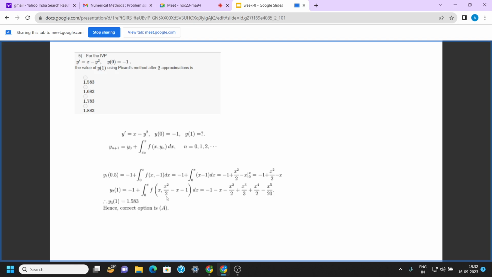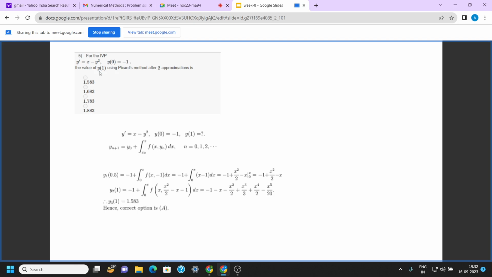Substitute it over here in the place of y, and integrate it. You will get this value. Now once you have got this, you have to calculate y2 at 1. So at the place of x, substitute 1 and solve it. You will get y2(1) as 1.583. Okay. So the correct option is A. Fine.